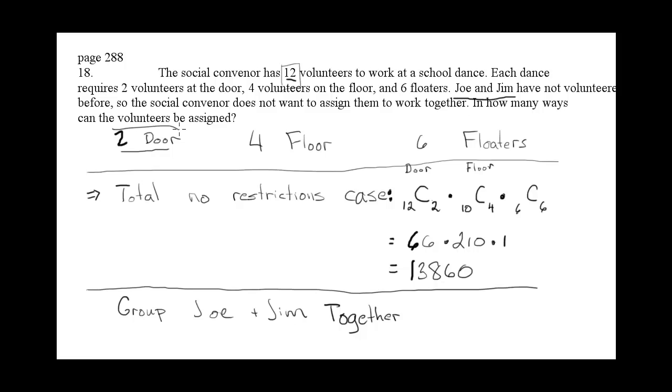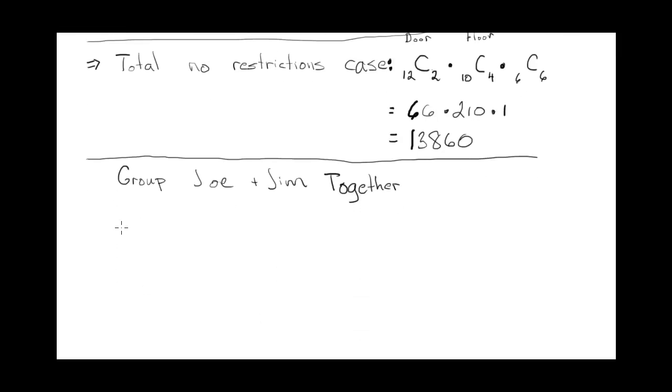They could be together on the door, they could be together on the floor, or they could be together as floaters. So I'm going to have to do 3 cases. So case 1, Joe and Jim on door.